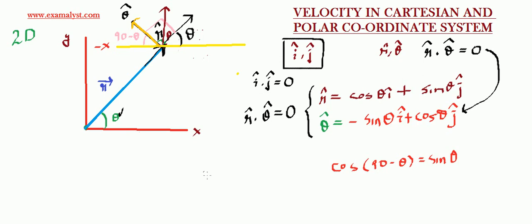There is one more interesting thing. dr cap divided by d theta. Do this derivative and you will get theta cap. Quite interesting, right? So when we were evaluating dr vector divided by dt in our previous lecture, we had two expressions.